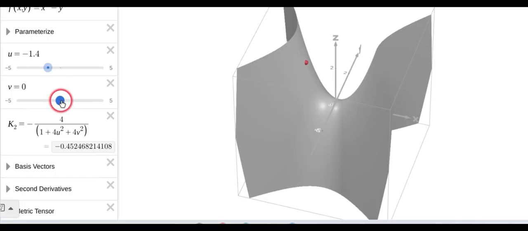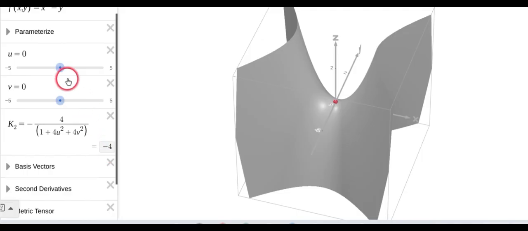And then I'll move the other one around. You can see that the maximum curvature is always down here at 0, 0. Oops, it's not quite 0, is it? Right there. Okay? So that's the way they did it in the old days.